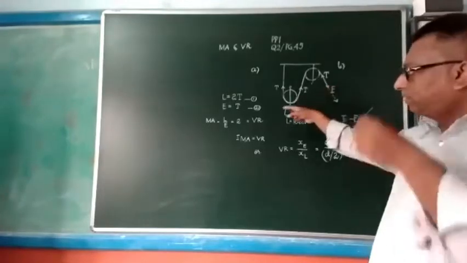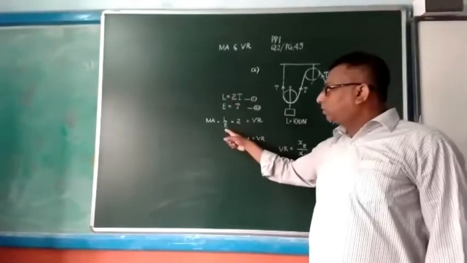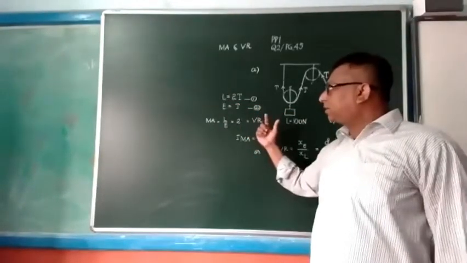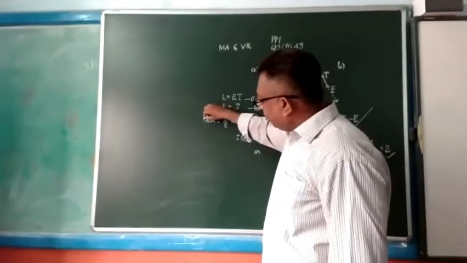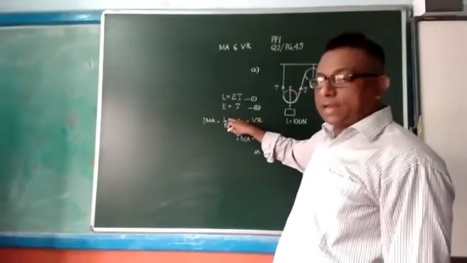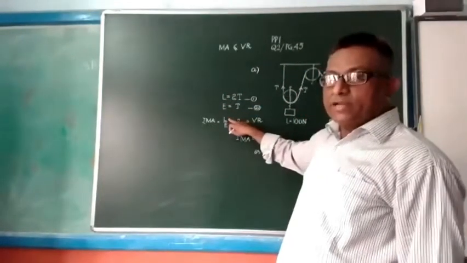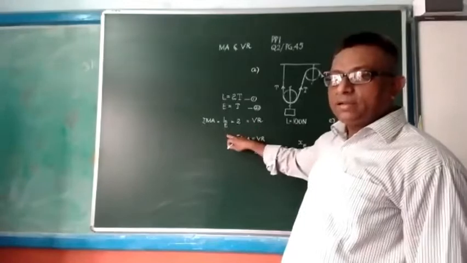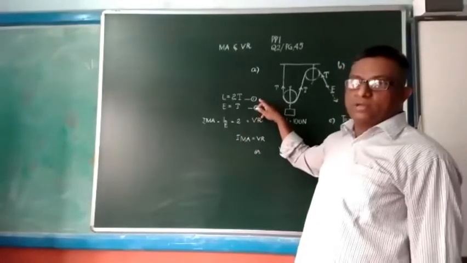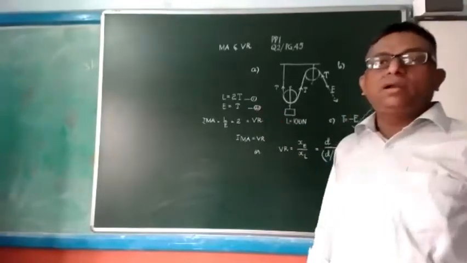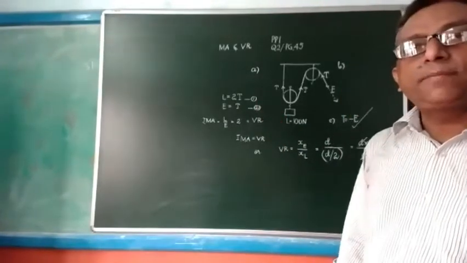This is the free end. So if the machine is ideal, we can write IMA, because I have used capital L, IMA equal to capital L upon capital E. It is coming from this equation, if equation number 1 is divided by equation number 2. Clear?